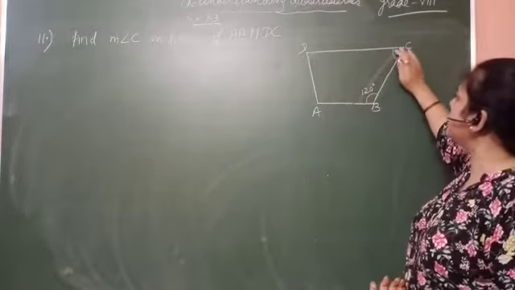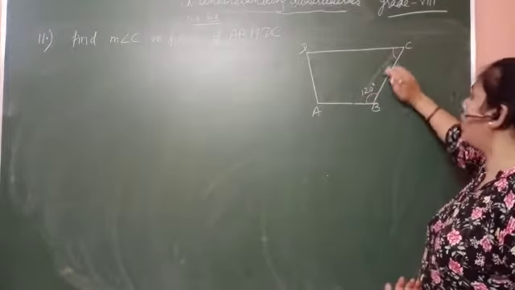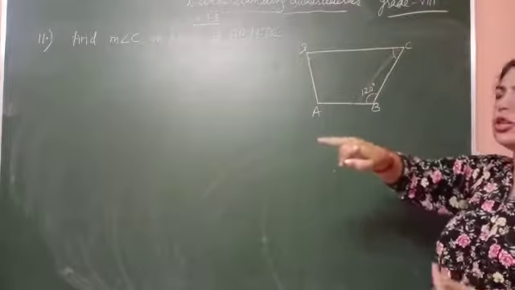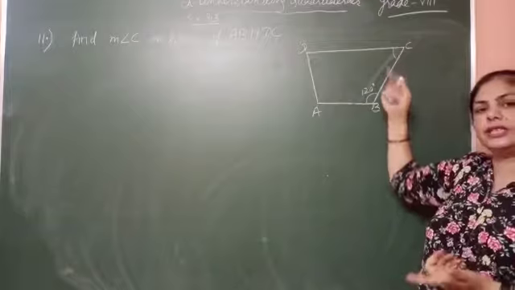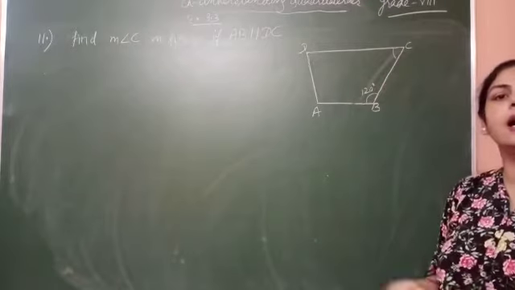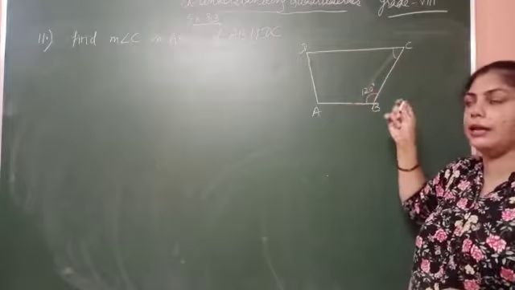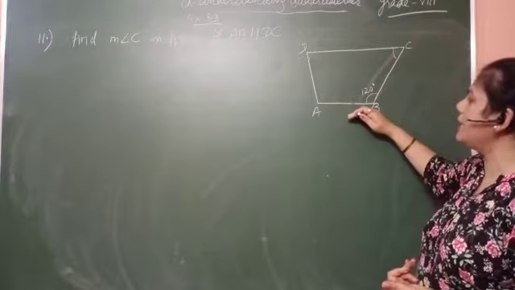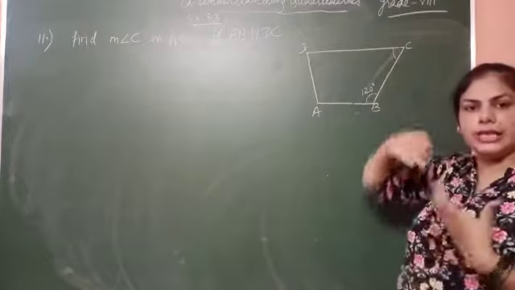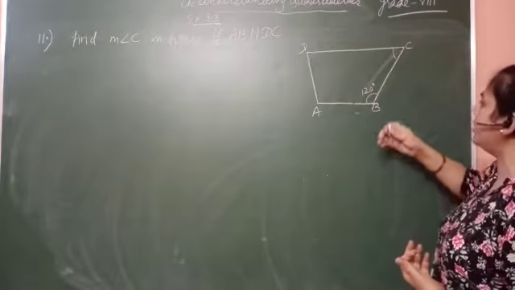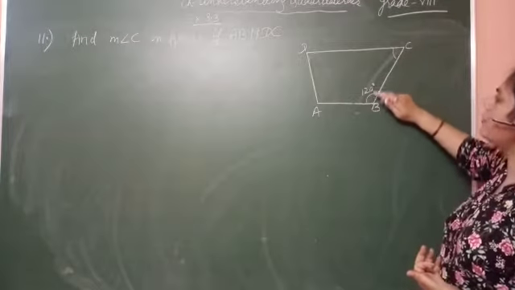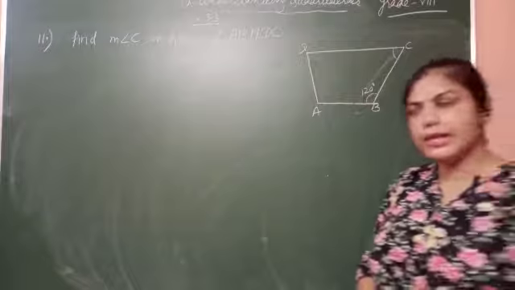Parallel lines में adjacent angles का sum क्या होता है? 180 degree. In the last question we were given the angles, हमने adjacent angles को add करके देखा. अगर वो 180 आता है, then we can say that yes, these lines are parallel. Now we have given that AB is parallel to DC, so the sum of adjacent angles is 180 degree.